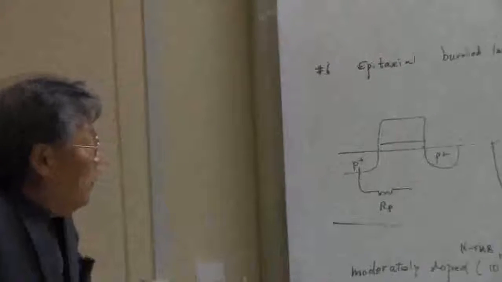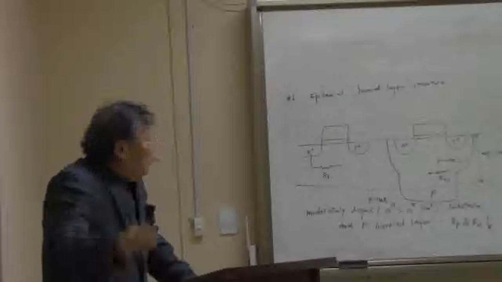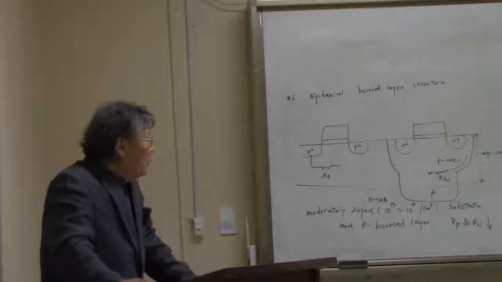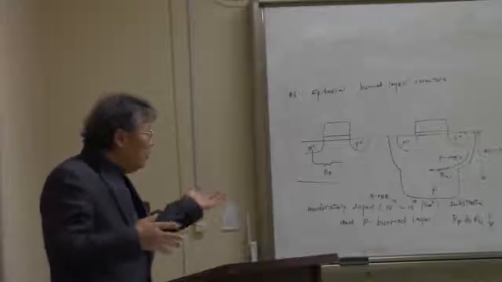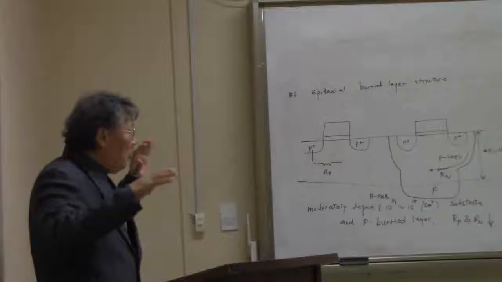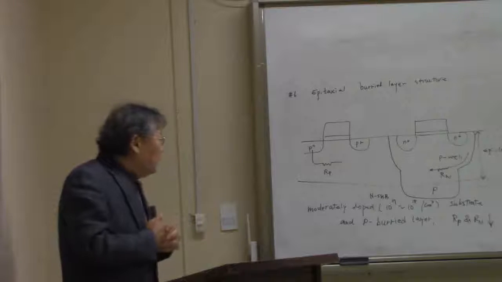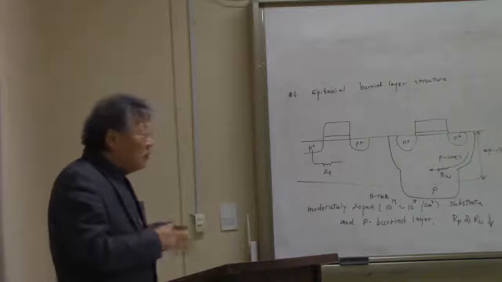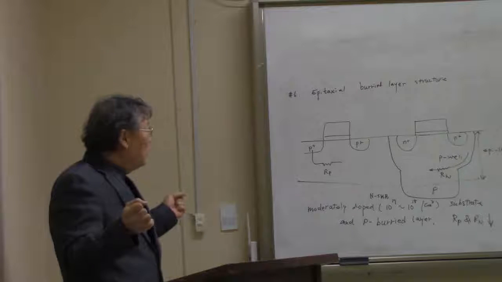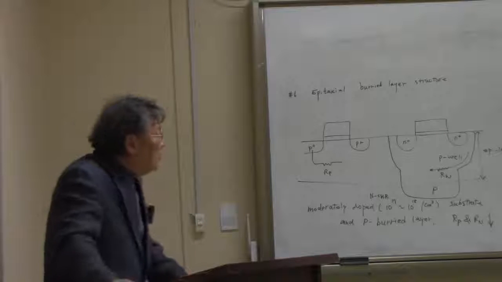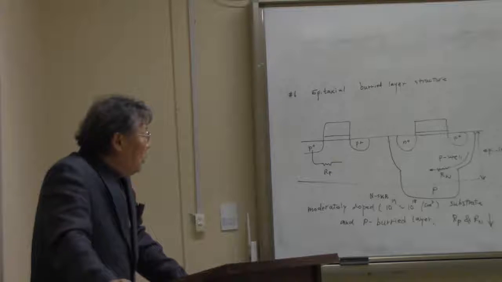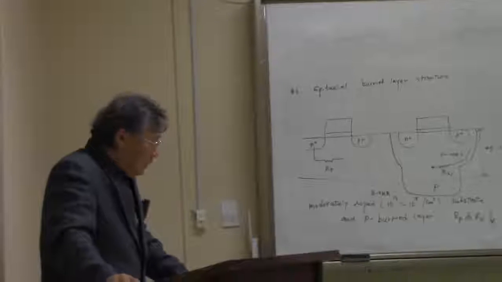So we just overviewed the latch up process in CMOS, which is inevitable and becomes serious as we scale down the device. I just introduced the 6 ways to minimize the latch up process. You cannot totally eliminate the latch up, but you can reduce the chance to get the latch up in your device.